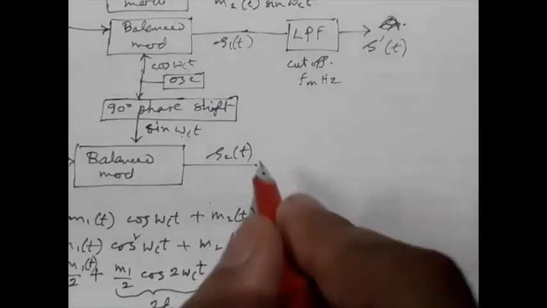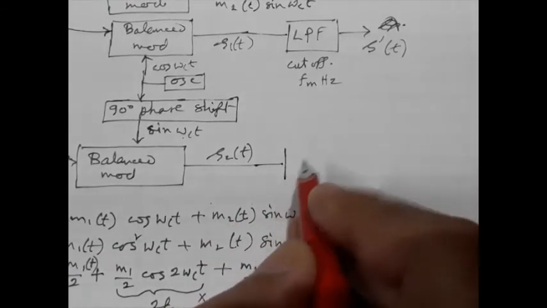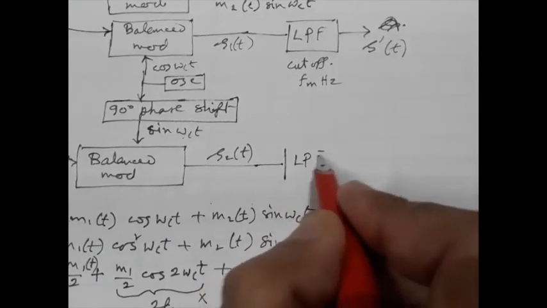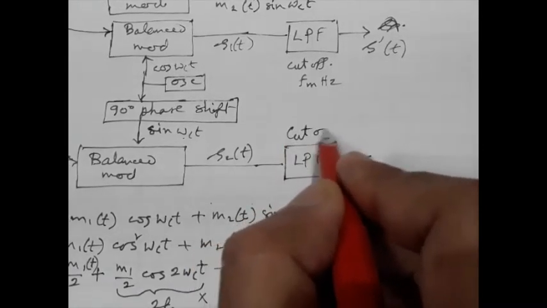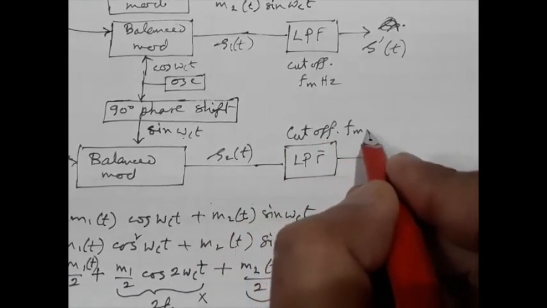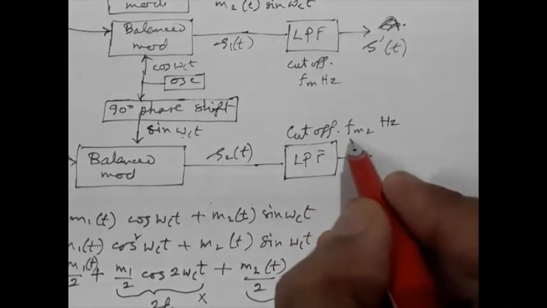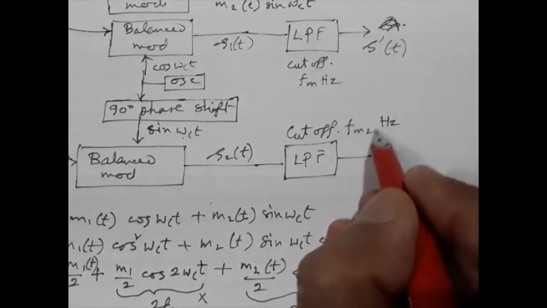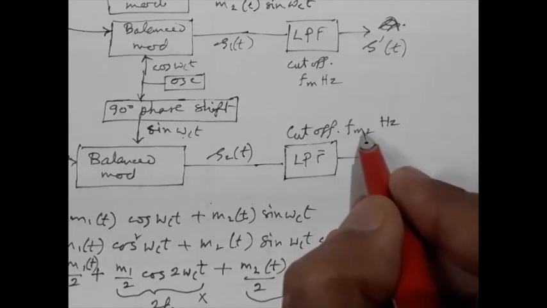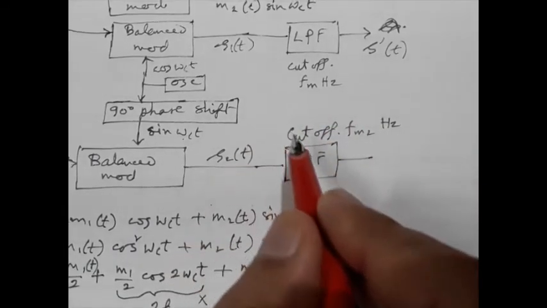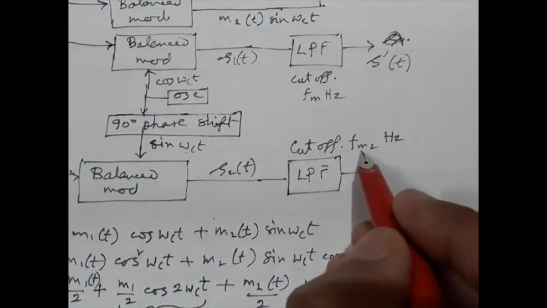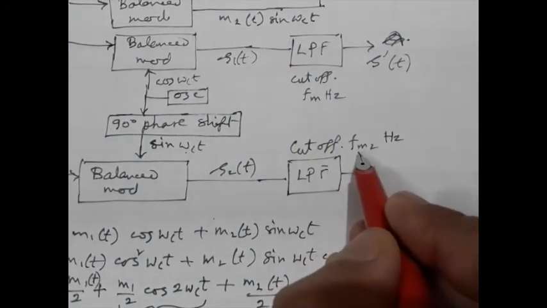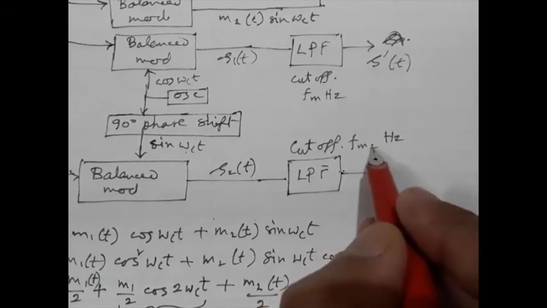S2(t) should be passed through a low pass filter whose cutoff is fm2 Hz, where fm2 is the highest frequency component of the signal m2. This m2 is assumed to have a highest frequency component of fm2. So the cutoff frequency for this low pass filter should be fm2 Hz.